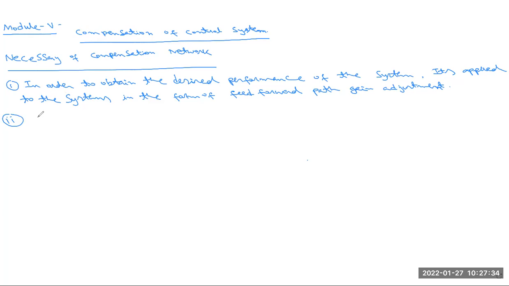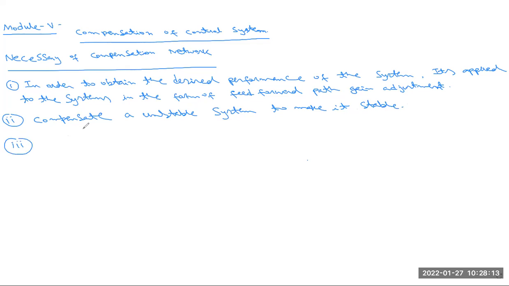Number two, it compensates an unstable system to make it stable. You have to compensate an unstable system to make it a stable system.